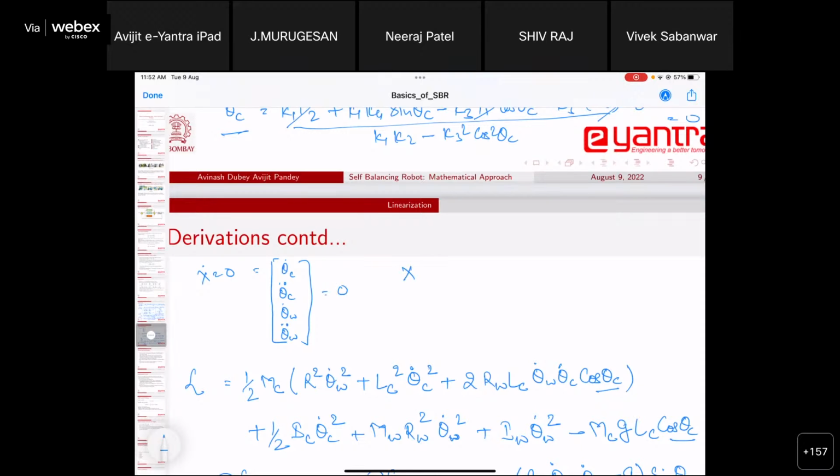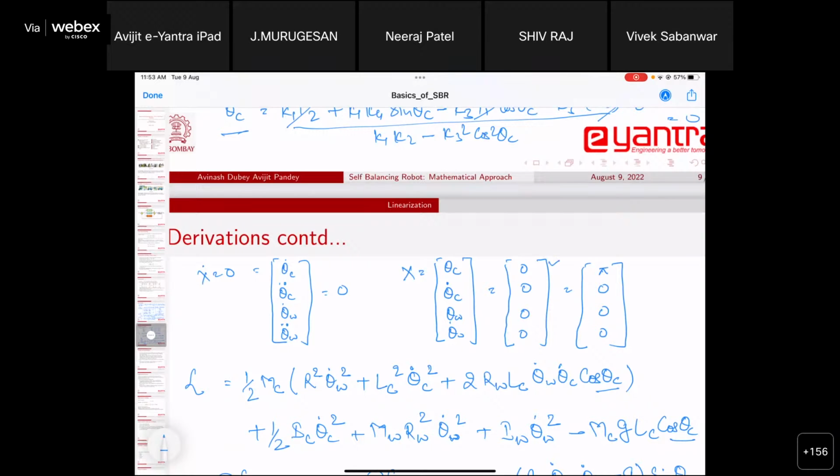My x, which is theta c, theta c dot, theta w, and theta w dot, is equal to... now theta c has two values, right? So I'll get two equilibrium points. One is 0 and one is pi. Theta c dot equals 0, theta w equals 0, and theta w dot equals 0. These are my equilibrium points, correct?